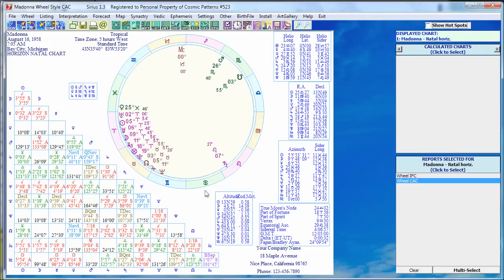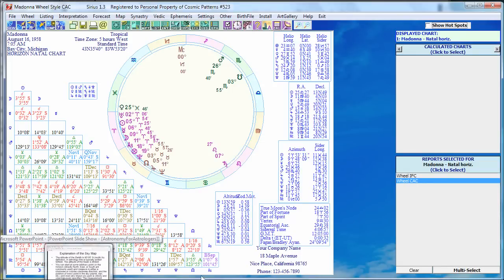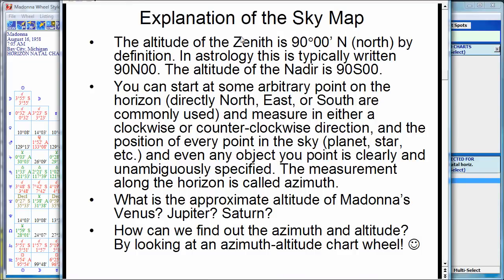Okay, so you should now be able to appreciate what a horizon chart is. It's looking at the planets in relationship to the horizon in what's called an azimuth altitude chart. Okay, so we know what the zenith is, we understand what altitude is, we know how to look at a sky map and approximate how far a planet is from the horizon and how close it is either towards the zenith or nadir.